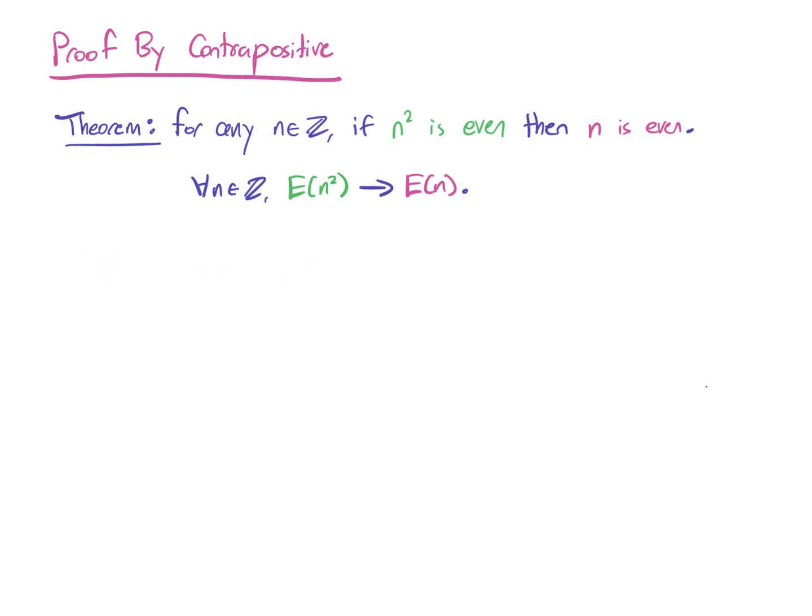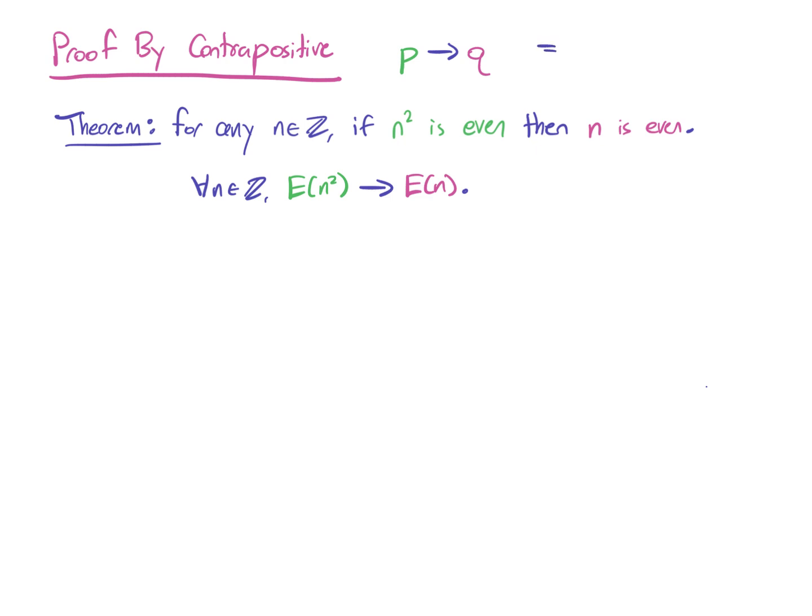Now, it turns out I can often avoid going in that direction by doing a proof by contrapositive. A proof by contrapositive relies on the idea that if I am doing a proof that P implies Q, well, guess what?